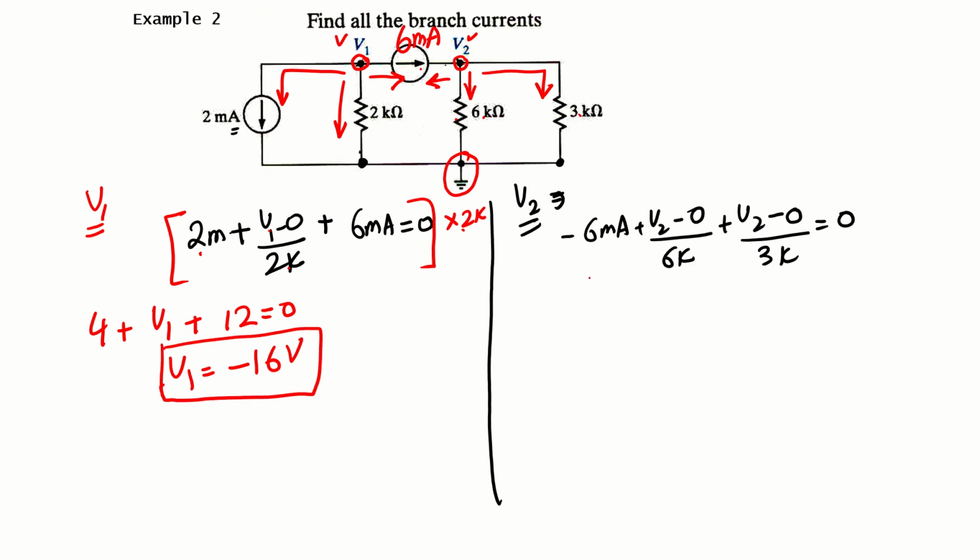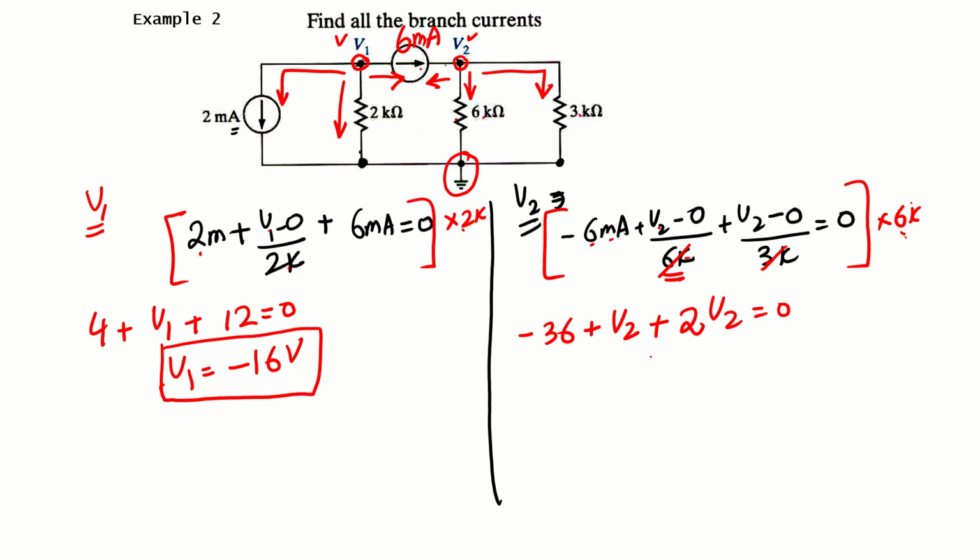From this equation, let's simplify the other one. We can multiply this whole equation with 6k, the biggest number here. So 6k multiplied with minus 6 gives minus 36, and kilo will be cancelled, then plus V2, 6k and 6k will be cancelled, so we have V2, plus 6k divided by 3k, which is 2, times V2, is equal to 0.